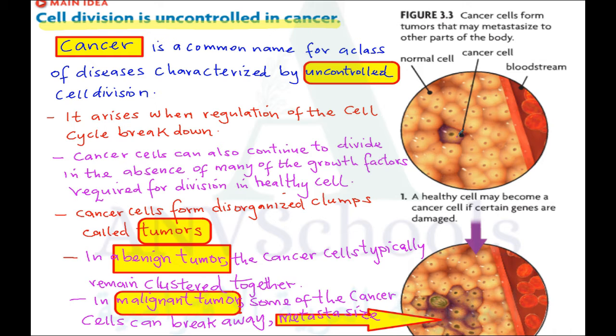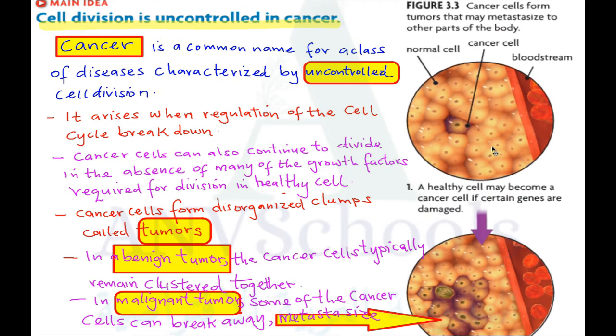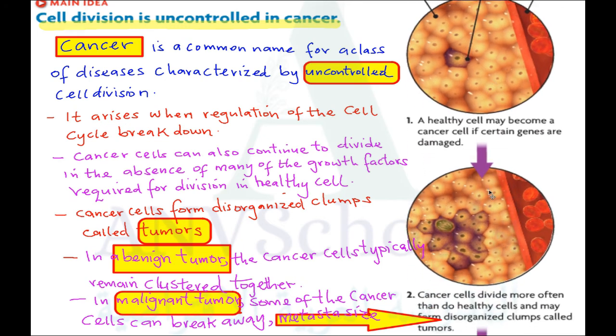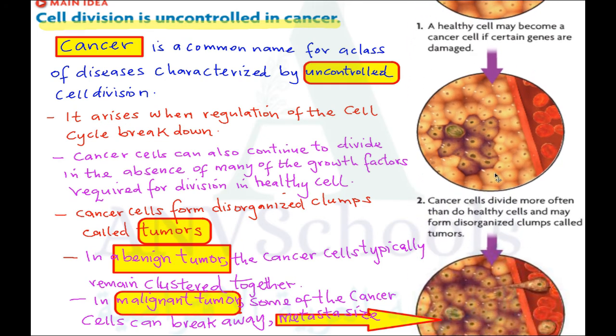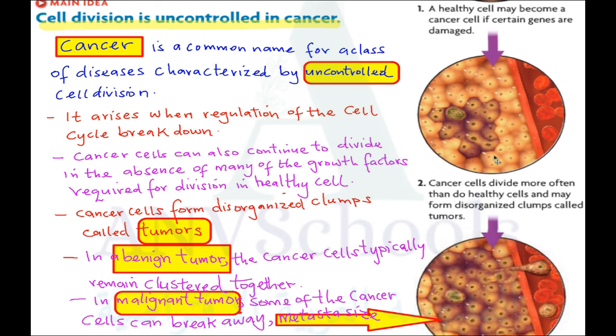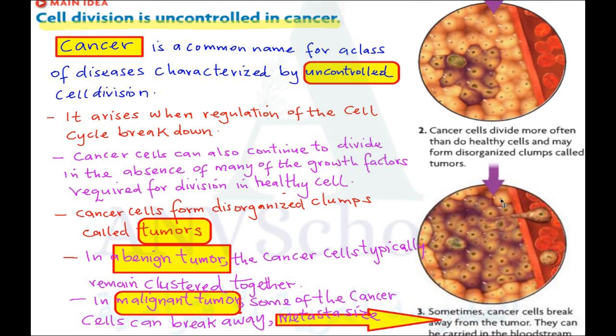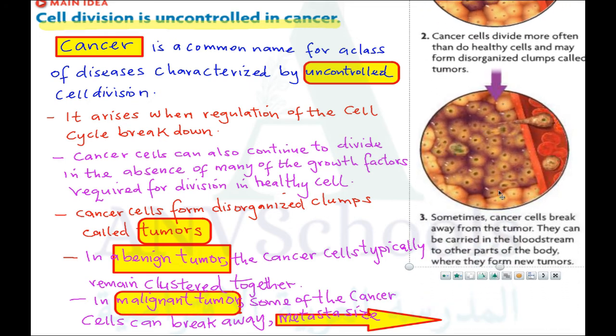If certain genes are damaged in a normal cell, the normal cell will also become cancerous. Then cancer cells divide more often than healthy cells and may form disorganized clumps called tumors. So now we have the tumors here.